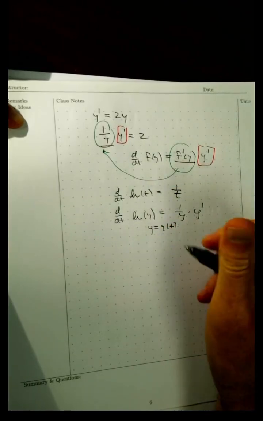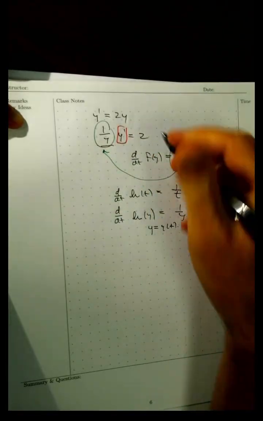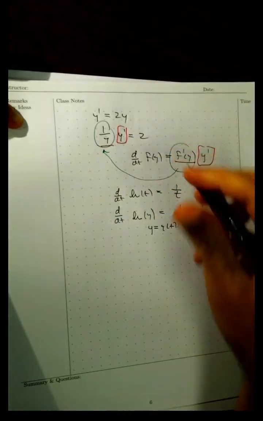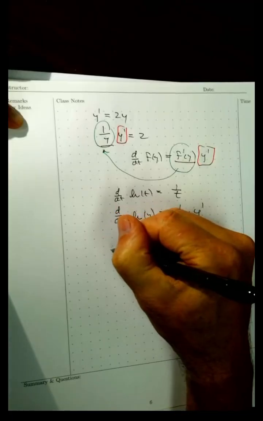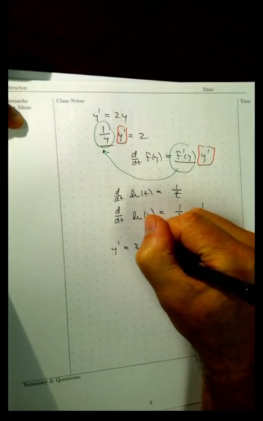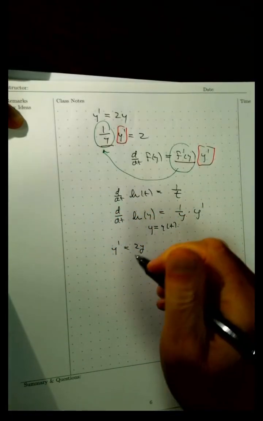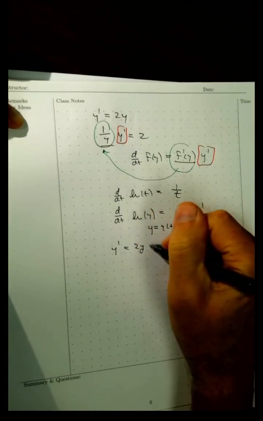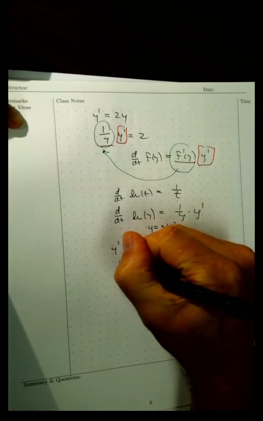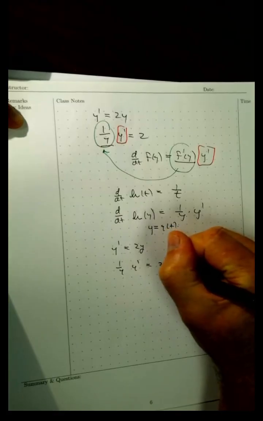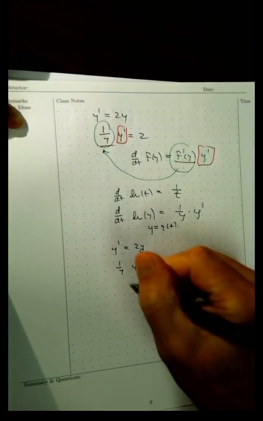Let me go through and do this in a more mathematical way, or more technically correct way. So what do I have? I had y prime equals 2y. This equation is separable, because I can get all the y's on one side and everything else on the right.